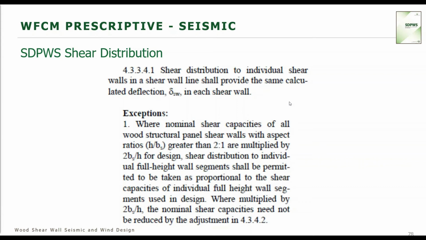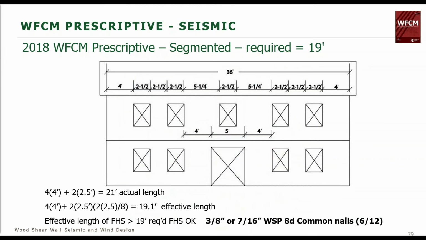This has to do with shear wall stiffness. We want the shear walls to deflect the same amount. We don't want incompatibility of that deflection, and we want the drift to be the same along that line. That has to do with stiffness. So some of our walls exceed that 2-to-1 ratio, and we have to reduce that.